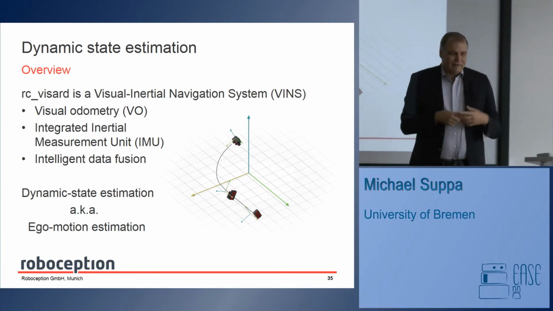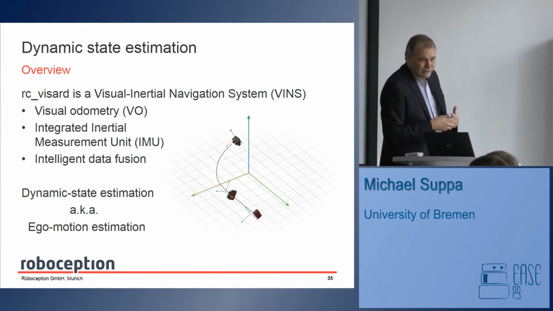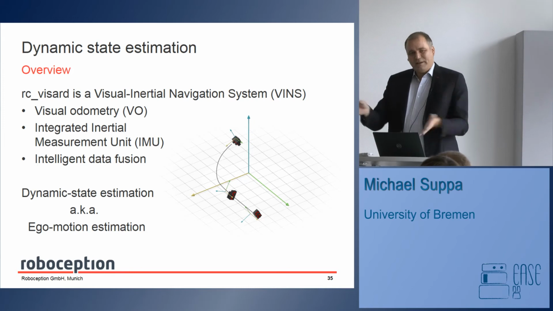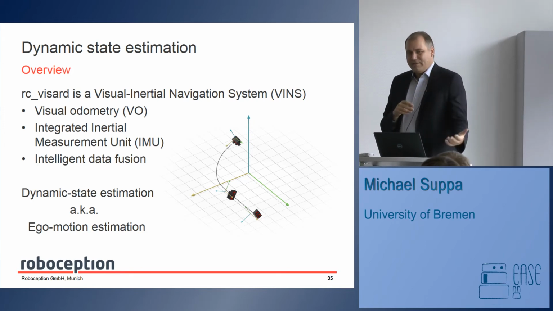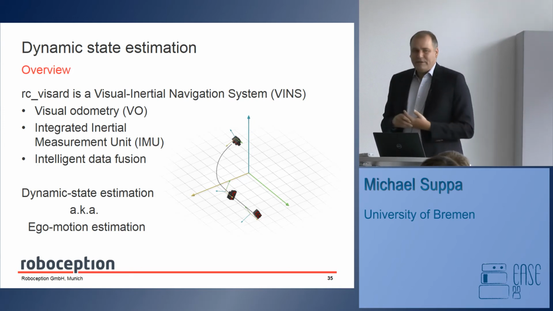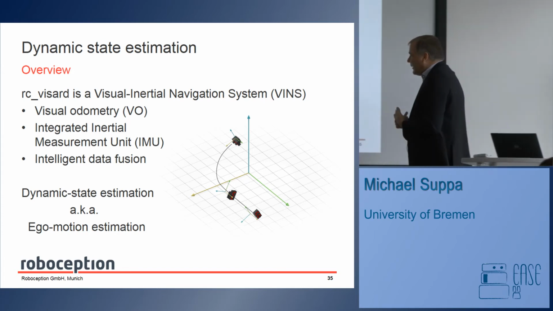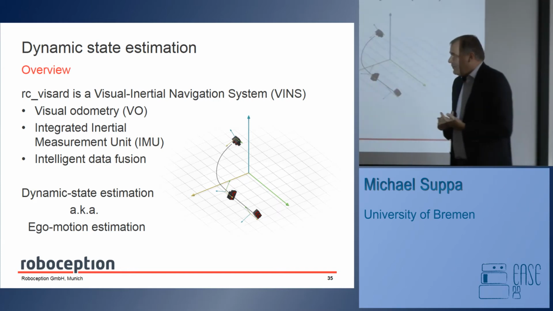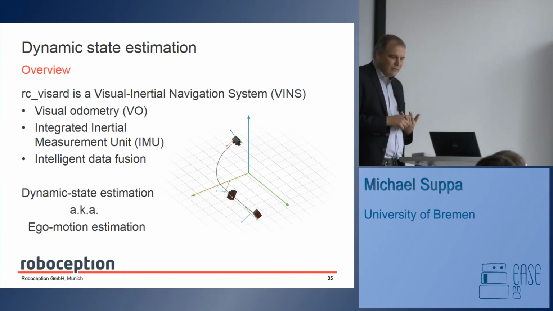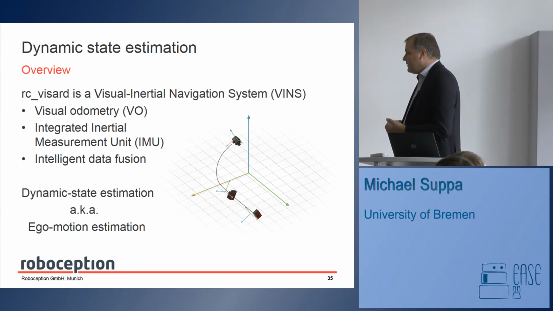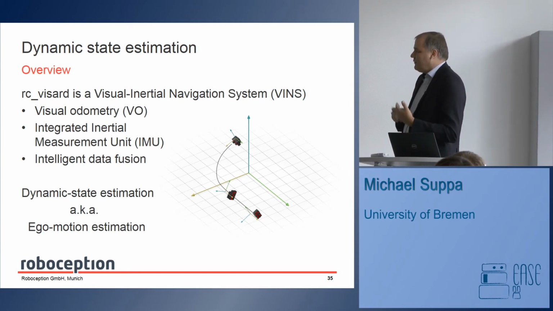That is basically using your camera to determine the pose of your system. So the whole story is about what I can do with a camera. I can generate depth images, but I can also measure the pose. In our case, it's a visual odometry, and as we have an IMU, an integrated inertial measurement unit, in our system, it's a fusion of motion from the inertial measurement unit together with visual odometry.